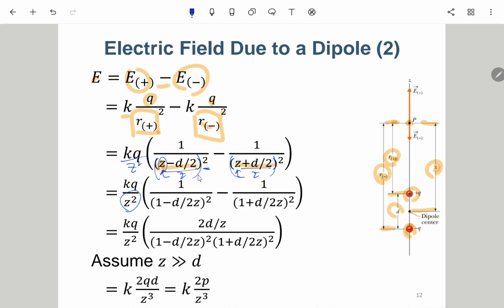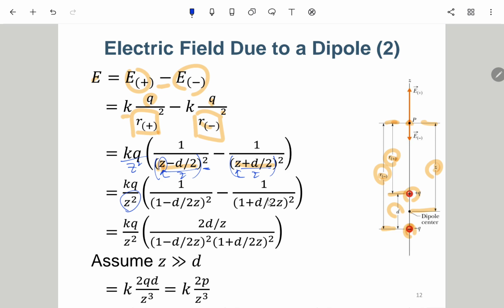Here we try to subtract them. By multiplying the common factor, the denominator becomes this one multiplied by this one, and the numerator will be this one subtracted by this one. This is a perfect square: a squared plus 2ab plus b squared, and this one will be a squared minus 2ab plus b squared.